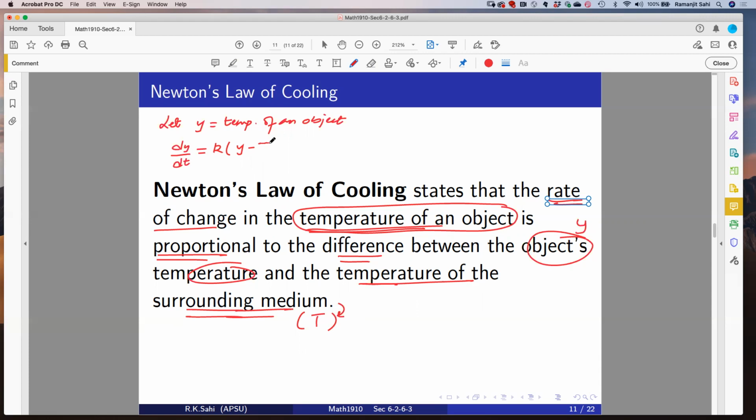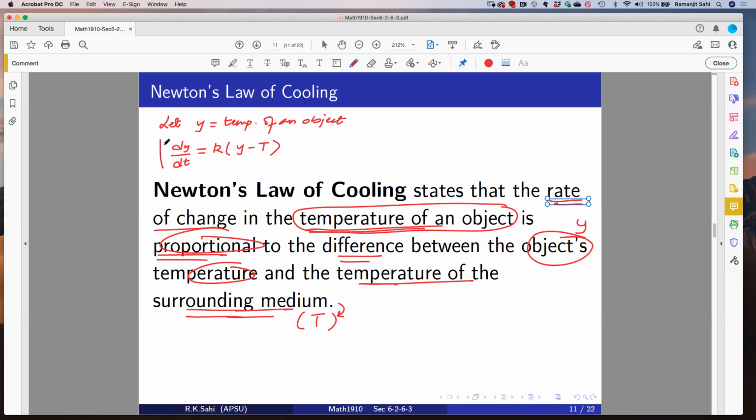And that's what Newton's law of cooling says. If Y is the temperature of the object, according to Newton's law of cooling, the rate of change of this Y is proportional to the difference between the object's temperature and the temperature of the surrounding medium.